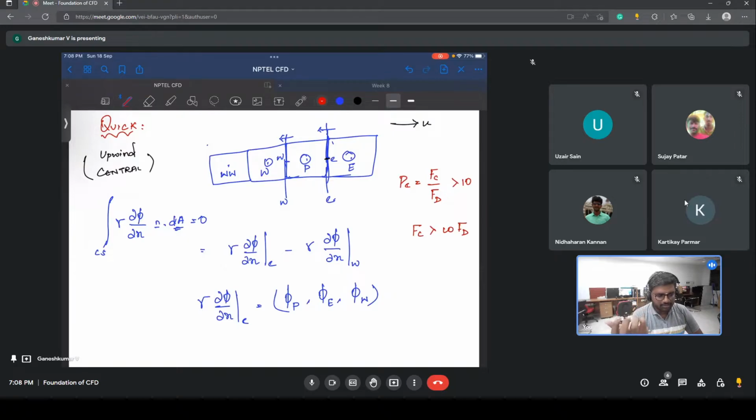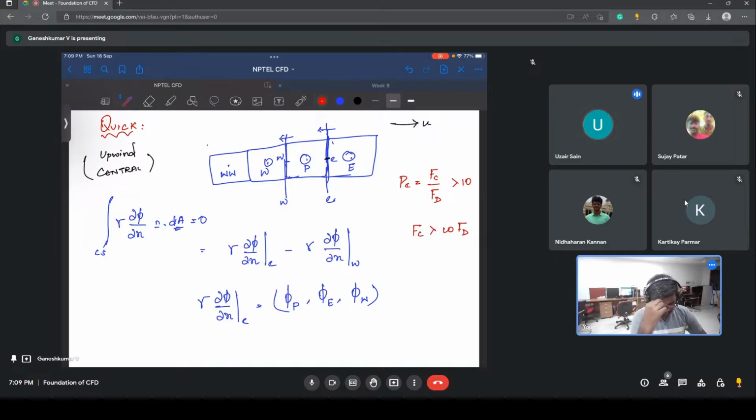Since it is convection dominated, we need to take care of the flow. The discretization scheme should have some knowledge of which side the flow is coming from. That's where we switch the schemes.